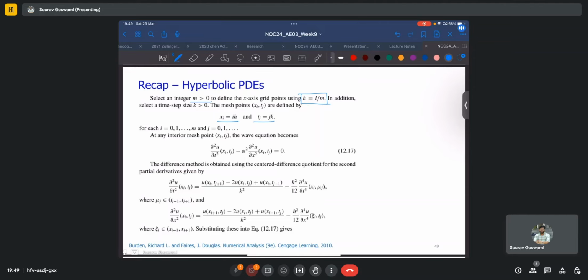Now at any interior mesh point, which is away from the edges, the wave equation will take on the form del 2u del t2 at xi, tj minus alpha square del 2u del x2 at xi, tj is equal to 0. Here if we apply the centered difference scheme up to the second partial derivatives, we come up with these formulations.